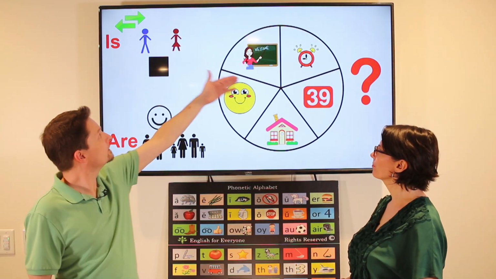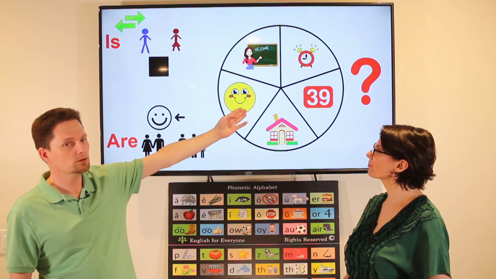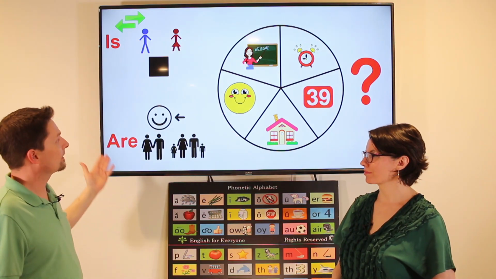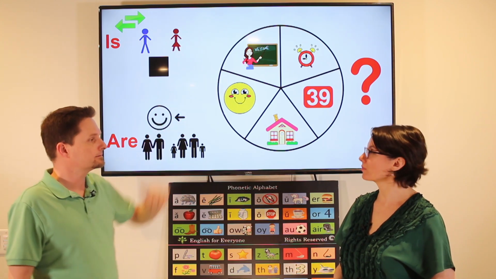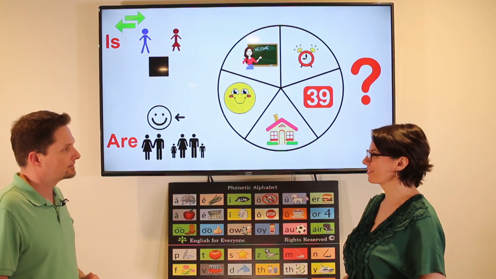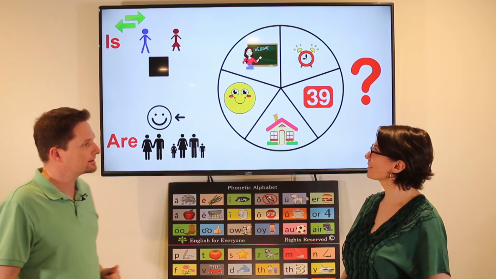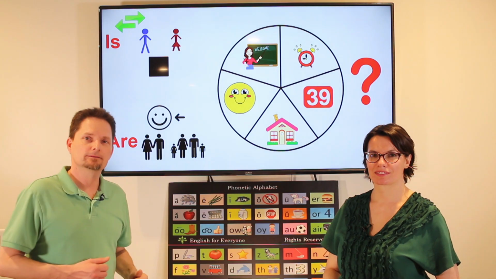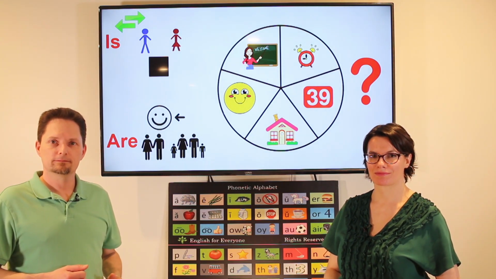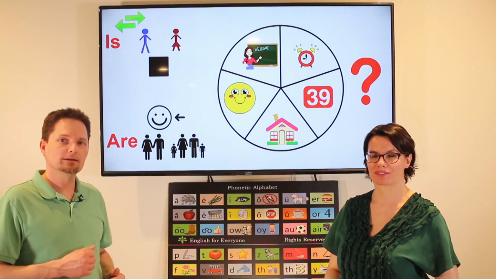For person, we use action is and are. For description, we use action is and are. Question: Is she angry? No, she's not angry. Very good. Is she happy? Yes, she's happy. Very good.